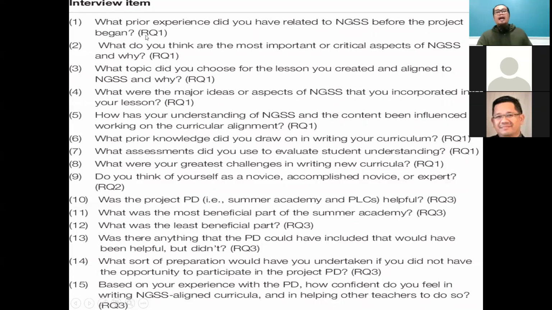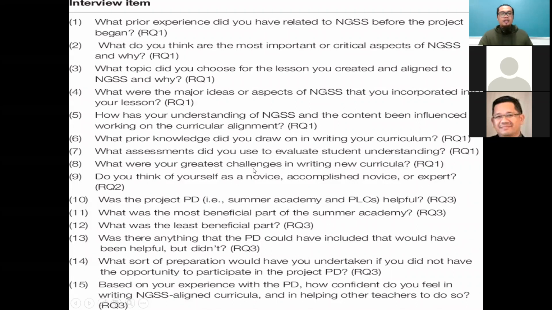This one aligns with research question number one. Example number two: what do you think are the most important or critical aspects of NGSS and why? This also represents research question number one. Interview items number three, four, five, six, seven, and eight actually answer your research question number one. Okay, next we can see interview item number nine.